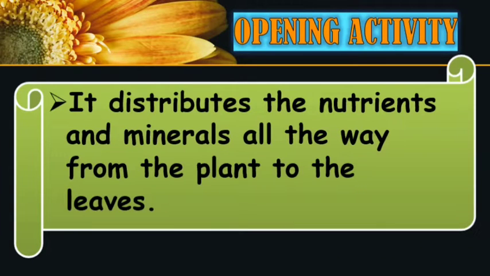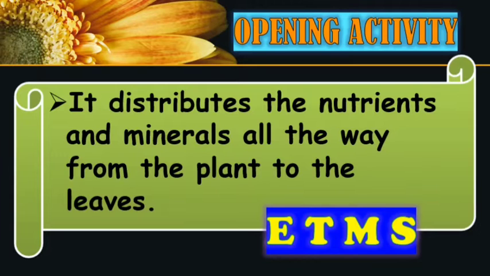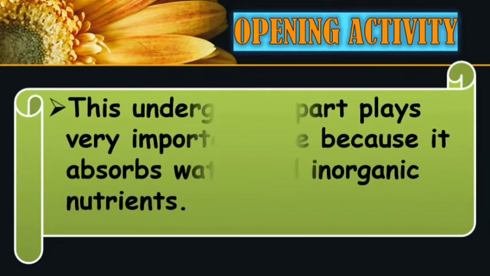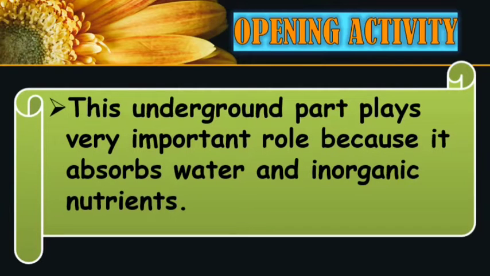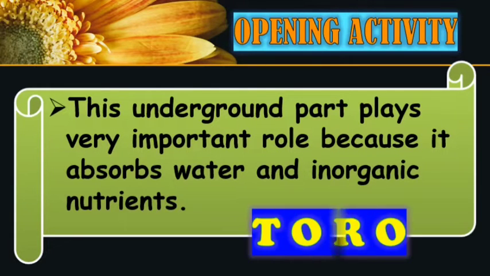Okay, next one. It distributes the nutrients and minerals all the way from the plant to the leaves. What is that? Okay, very good. That is stem. Next number. This underground part plays a very important role because it absorbs water and inorganic nutrients.